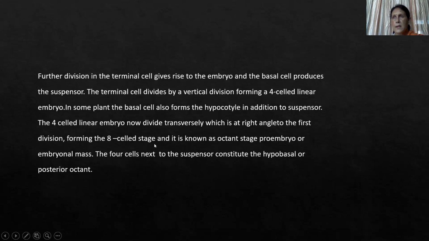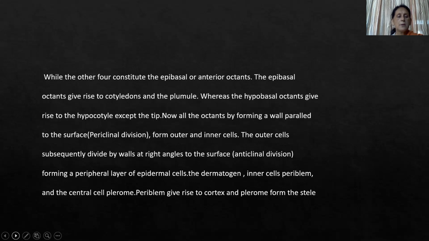This 8-cell stage is called the octant stage, or proembryo, or embryonal mass. Out of the 8 cells, the 4 cells next to the suspensor are called the hypobasal octant, also called the posterior octant.